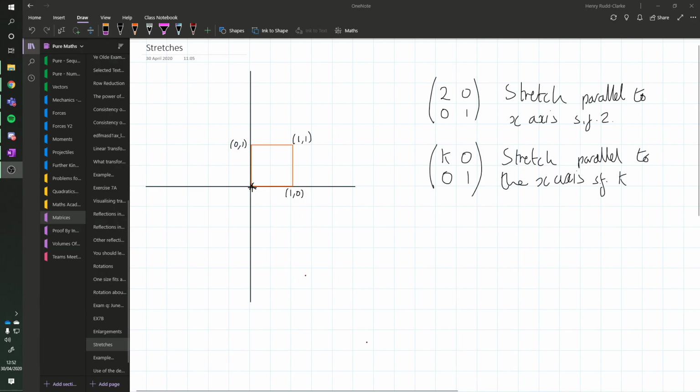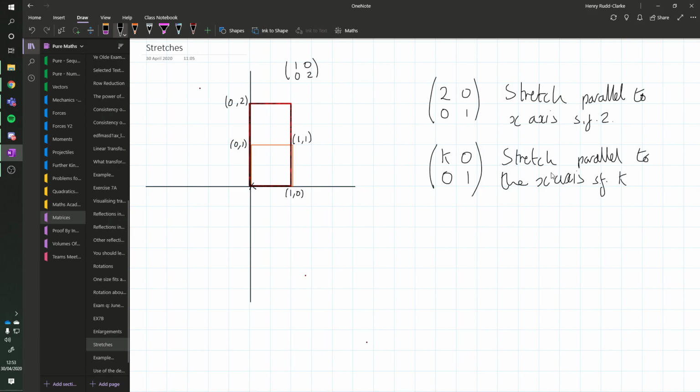So if I had the same thing, but this time I'm going in the y direction, so I'm stretching parallel to y. This time the coordinate that was on the x-axis stays in the same place, and the coordinate on the y-axis moves to (0, 2). So it would be the same kind of structure of matrix, but this time it would be 1, 0, 0, 2.